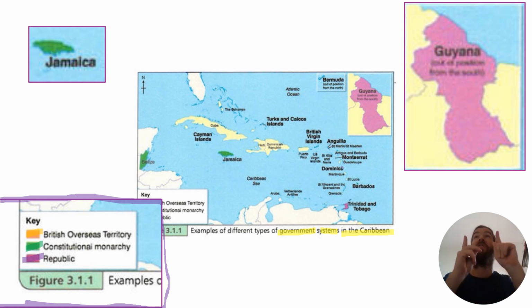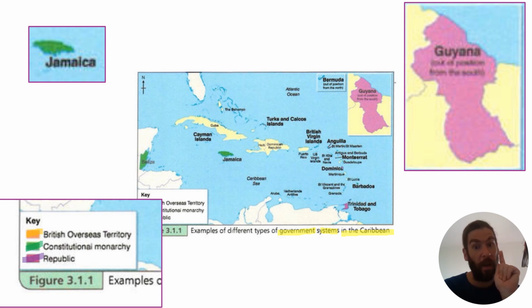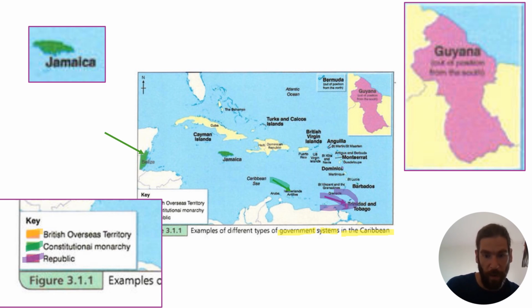Guyana is purple, and purple means that it's a republic. For now, it's not really that important that you're able to explain that. Later on, it is. Belize, for instance, is also a constitutional monarchy. Curaçao is also a constitutional monarchy, and Trinidad and Tobago is a republic. So each country in the Caribbean has a certain kind of government system.